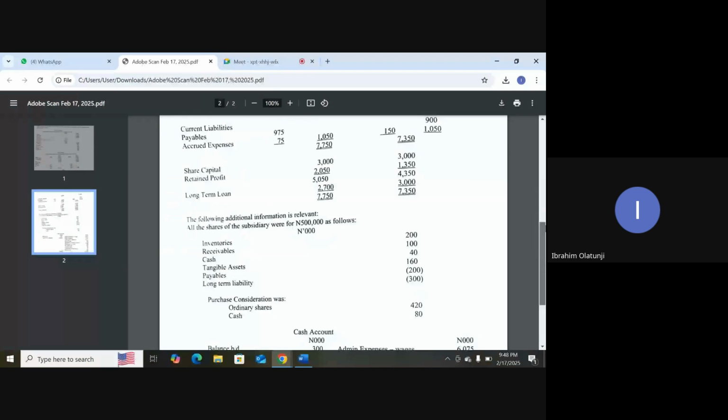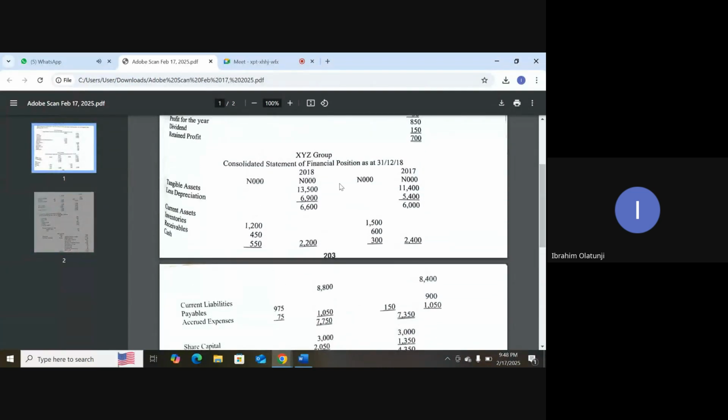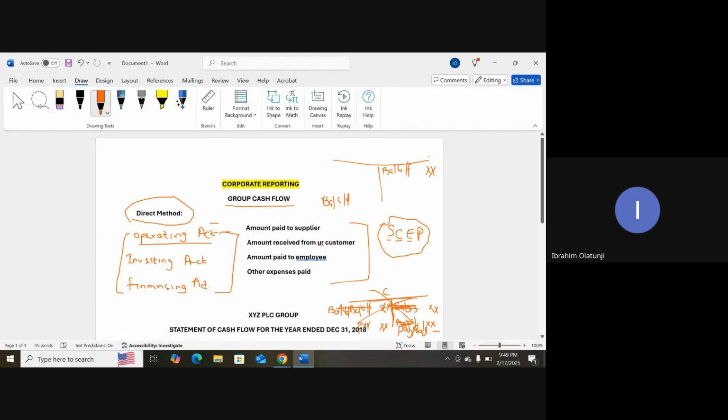Let me show you the balance sheet here. Look at the balance sheet. They are giving you 2018 and 2017. Then you come there and look at payable. Opening balance is 2017, closing balance is 2018. So you put your opening balance of payable, closing balance of payable, then you put purchases here.